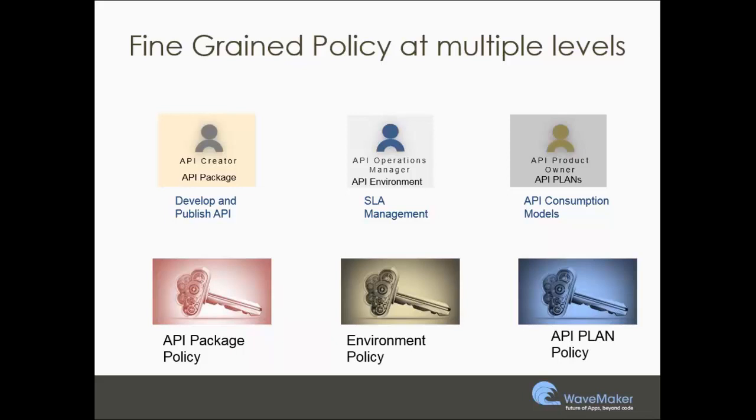In terms of that, the product owner also has the ability to set up the right business level metrics in terms of usage of these APIs. So by clearly differentiating these roles, we have seen that enterprises are able to take this platform and make it much more operationally feasible for their environment.